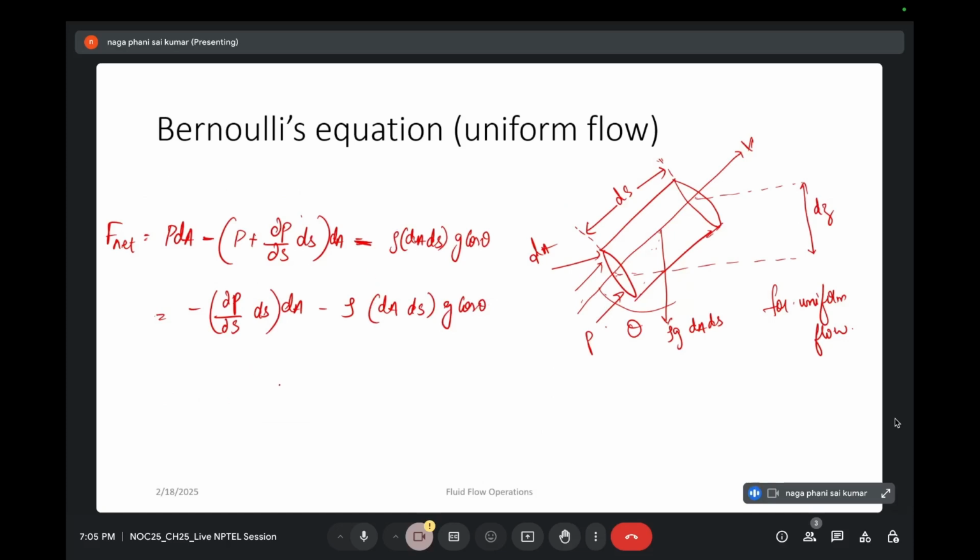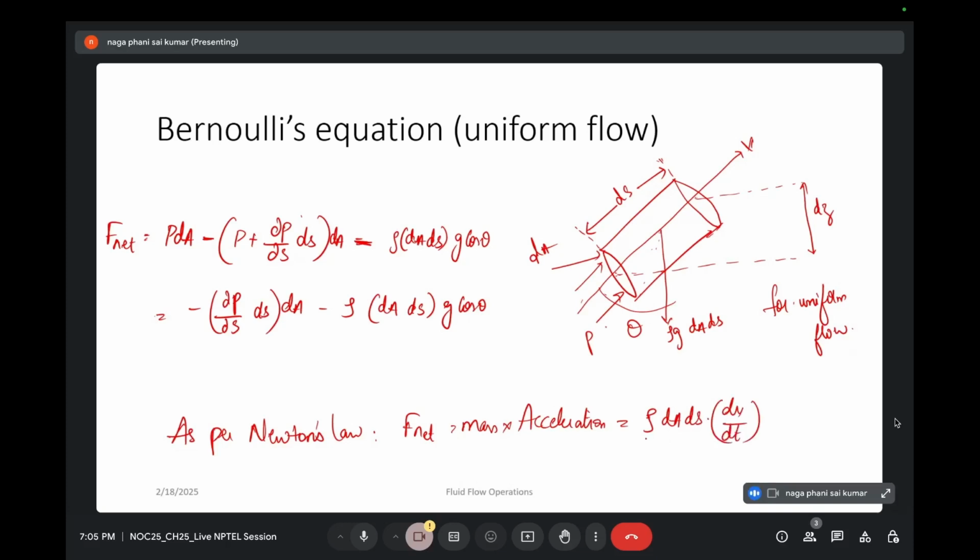As per Newton's law, force is equal to mass into acceleration, right? So this should be equal to rho into dA into ds into dv by dt.